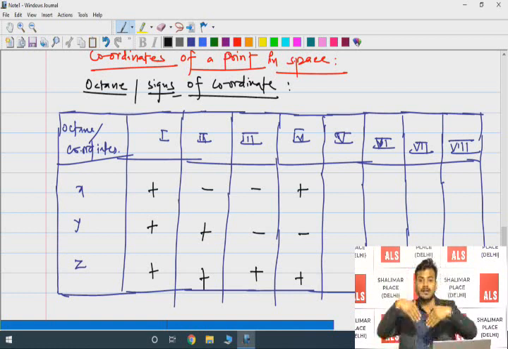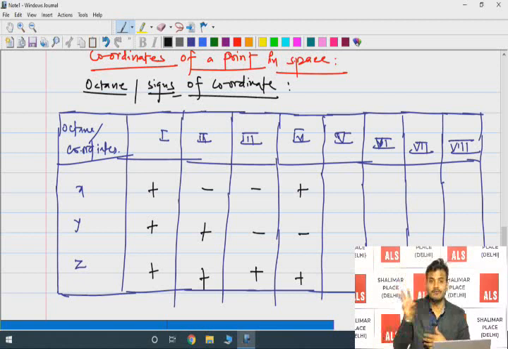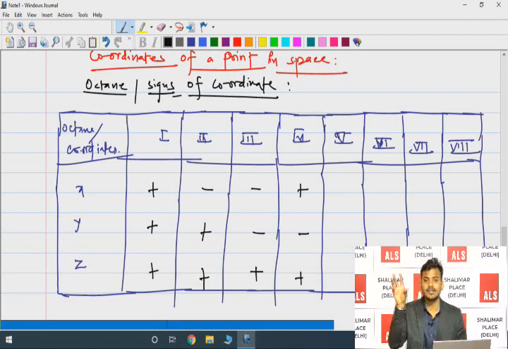In the inner plane, behind this, we have more 1, 2, 3 and 4, so 8 octants. Suppose this is x, y and z, where z positive is towards me, so accordingly you have to answer now. X, y, z, first octant, all three positive, means x to the right, y positive, z positive, towards me. So this one is the first octant.